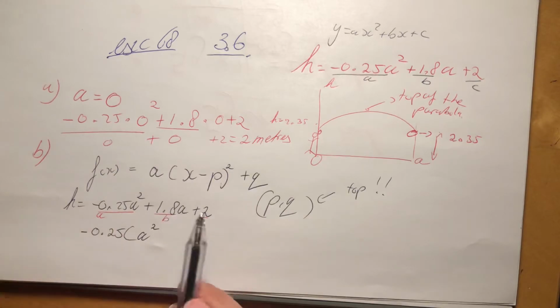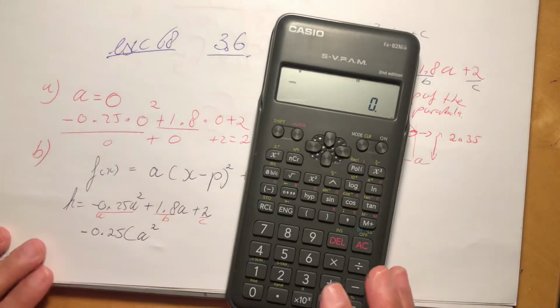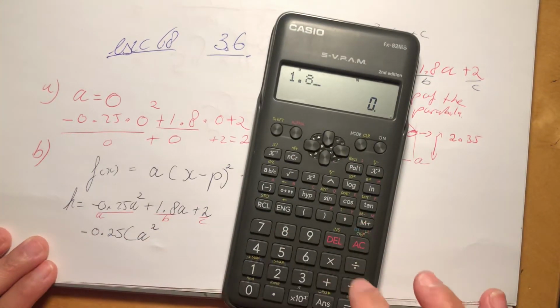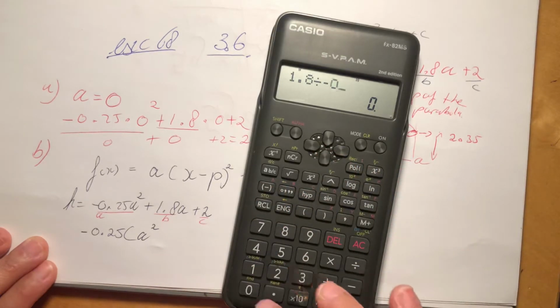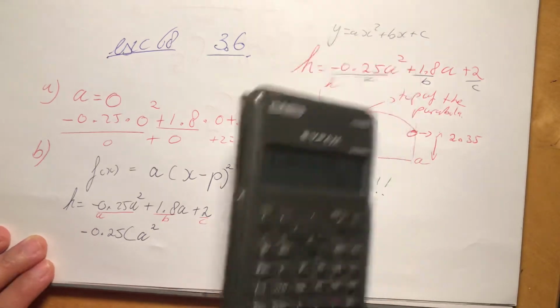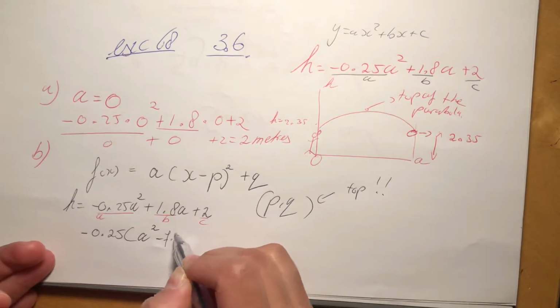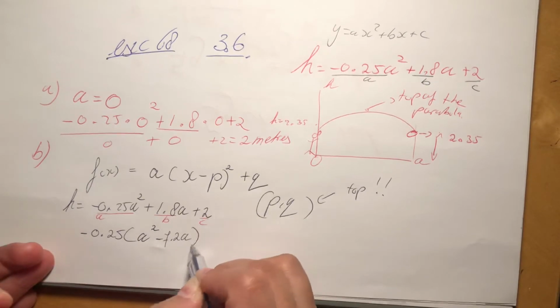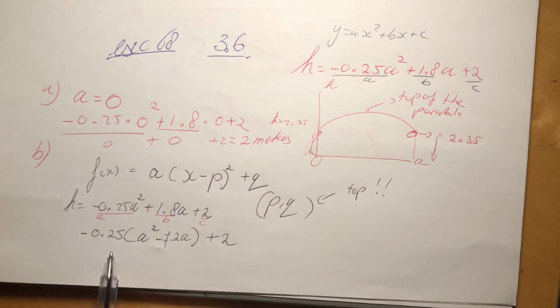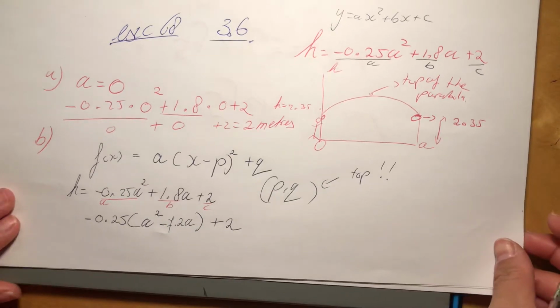And you have to look, what makes 1.8? Because we're dividing the 1.8 by the negative 0.25. So 1.8 divided by negative 0.25 gives negative 7.2. So inside the brackets we get negative 7.2a, and then of course plus the 2. A little check: yes, if I multiply, I get that. Okay, till here everything is correct.